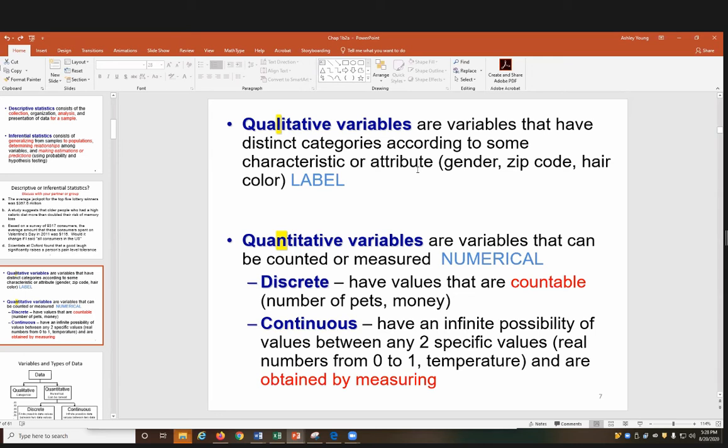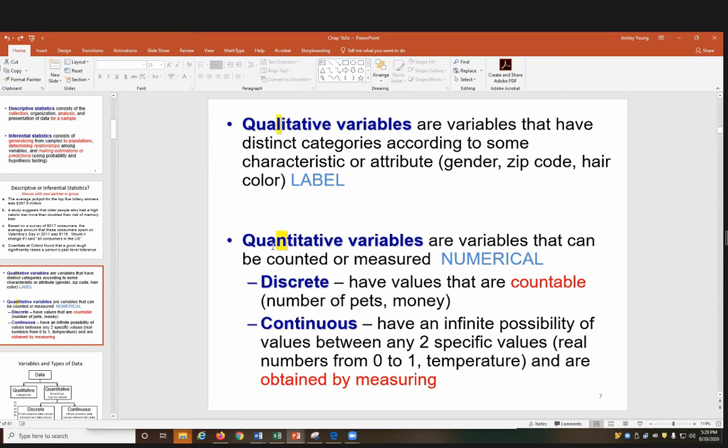Is 94566 higher ranked or worth more than zip code 01437? No, it's just a label. Same with football player numbers, right? Is the player with number 84 better or higher ranked or worth more than the player who has number 16 on his back? No, right? Those are just labels.